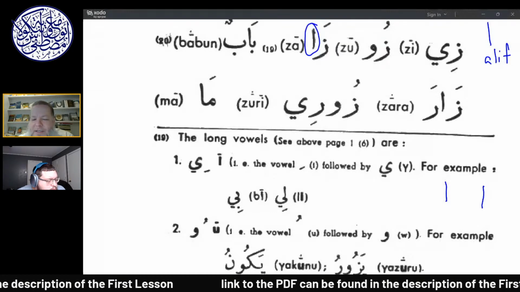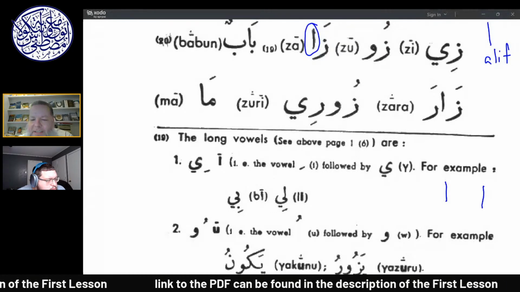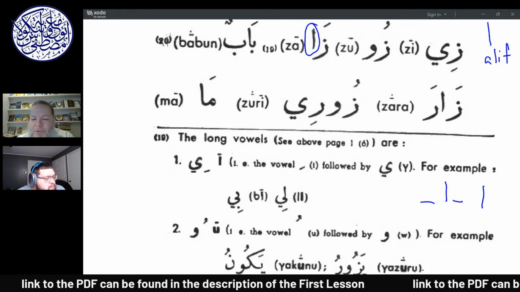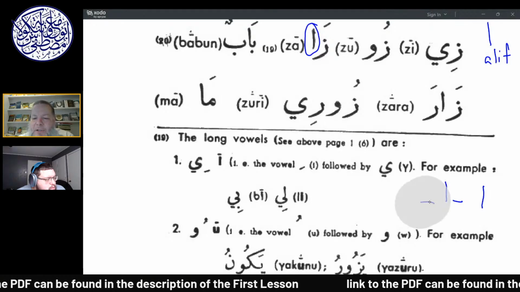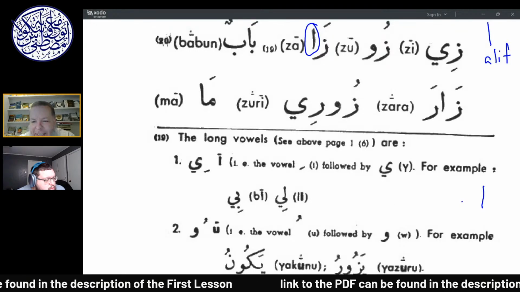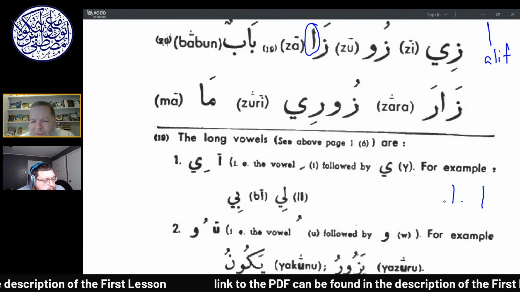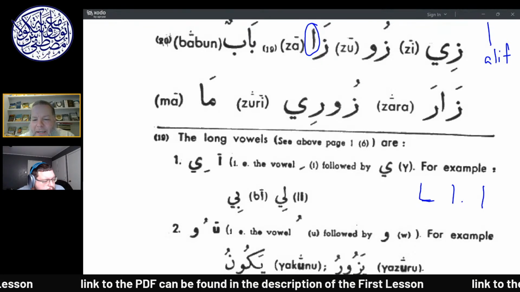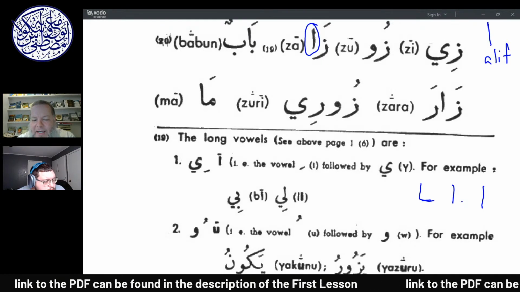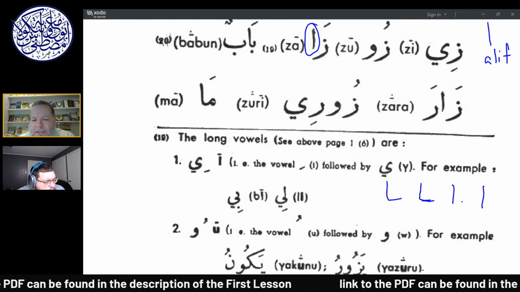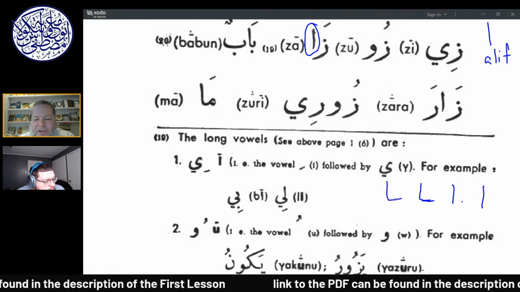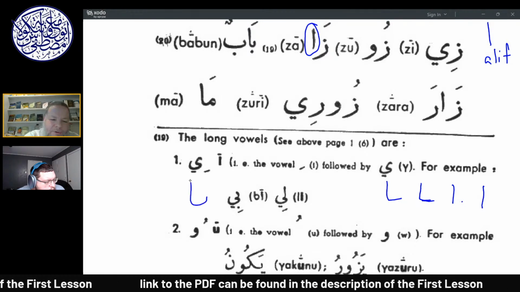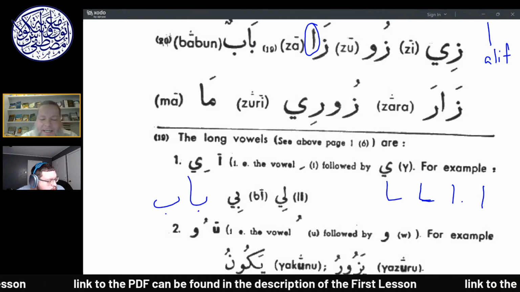In the beginning, yes, it will be in the beginning, but it doesn't make a sound. What sound it makes depends on what's before or after it, and we'll get there. In the middle, it's going to look like this: a tail coming from the letter before it, and then the aleph. At the end, it's going to do the same thing. This is your aleph. You sent me a picture: how do I pronounce this word when this letter doesn't have anything on it?